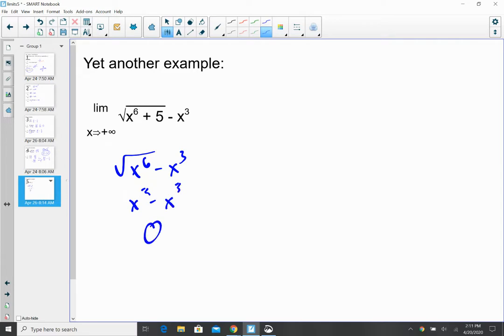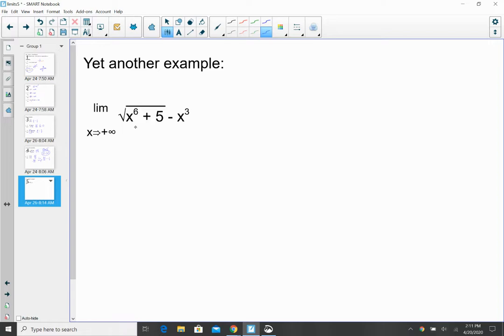Not necessarily. The problem is you don't know if these infinities are the same at this point, or if something else is going on inside of that square root that's going to make everything not work out the way you want it to. So we're going to have to go back to using the conjugate to figure things out properly.